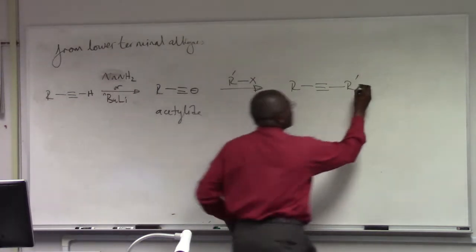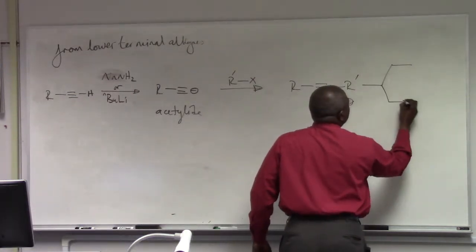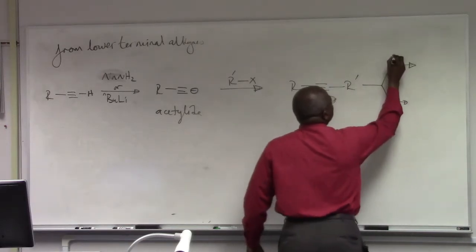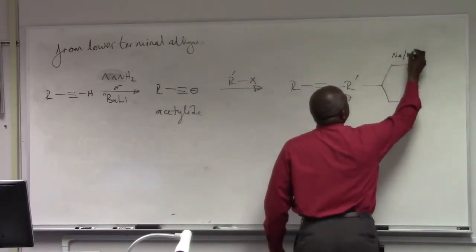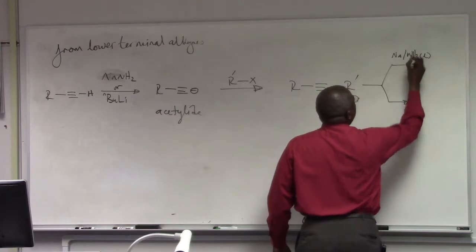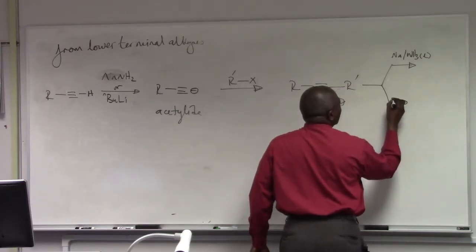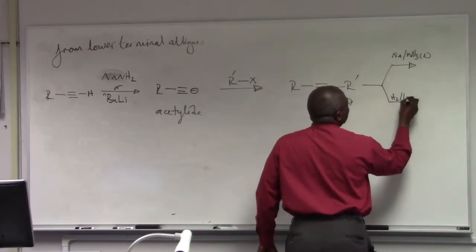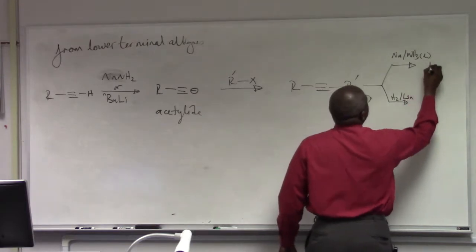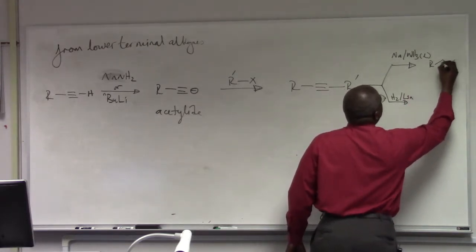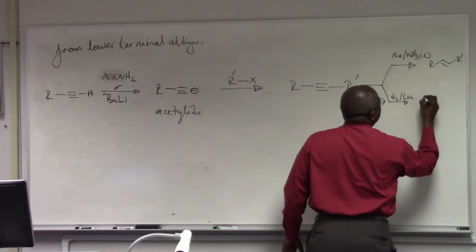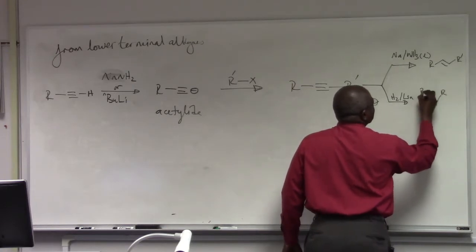And then from here, we can do either sodium in liquid ammonia, or we could do hydrogen gas and a Lindlar catalyst. And that's going to give me the corresponding cis species.